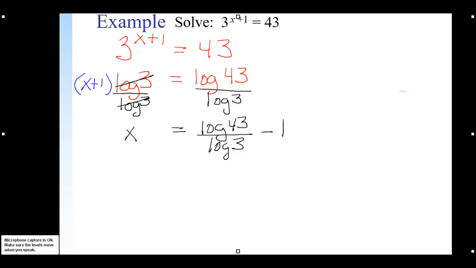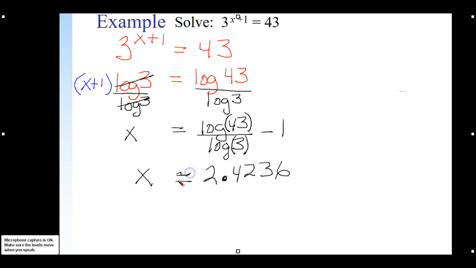Now, how do I solve this? Well, I solve this by putting log 43 into my calculator, and then I have to close the parenthesis on mine, hit the division key, put log 3, close the parenthesis, hit enter, and then I subtract 1 from this answer, and I get x equals 2.4236.